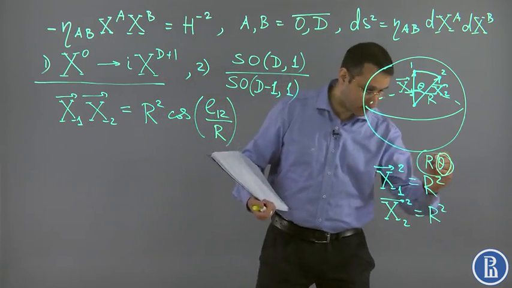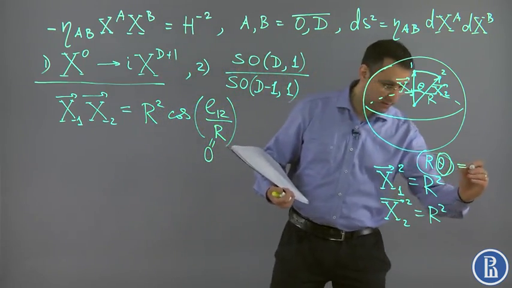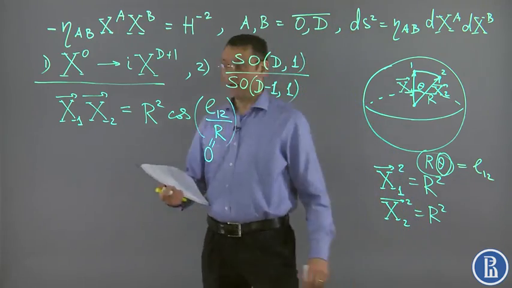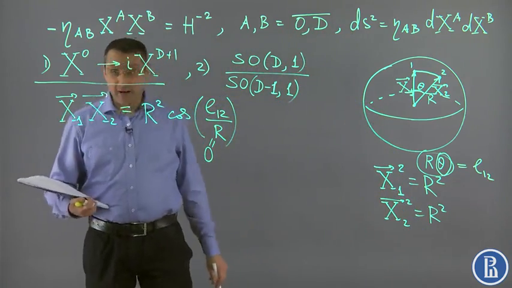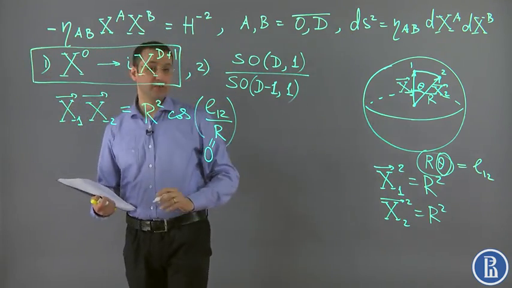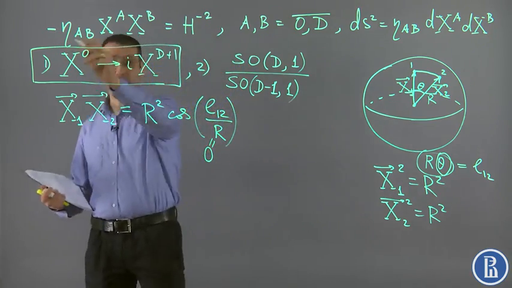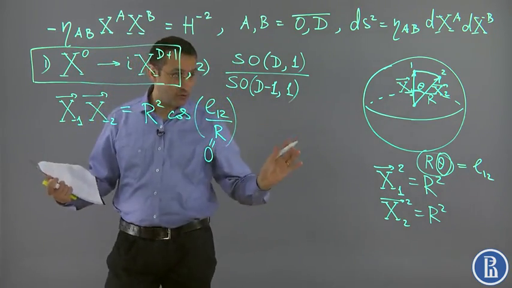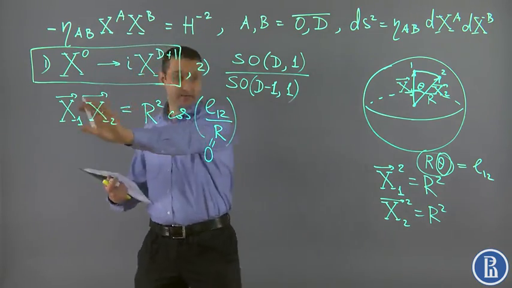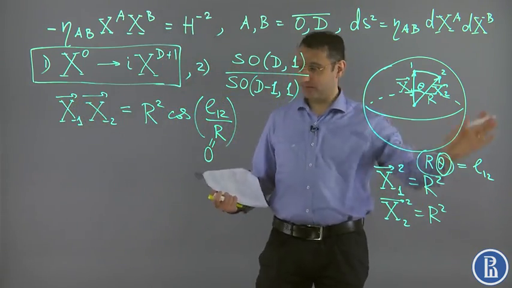This theta is just equal to this, because this is L12. Great. So in fact, Wick rotation helps us to see that the same procedure can be applied in this case, even without drawing pictures. In d dimensions, this procedure on the spheres is similar.